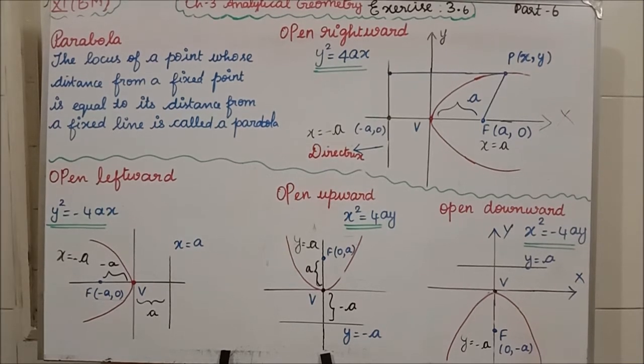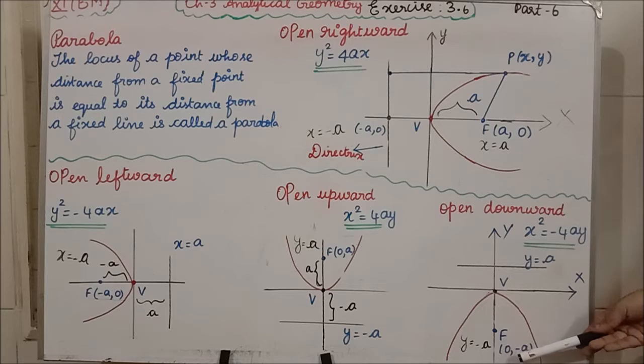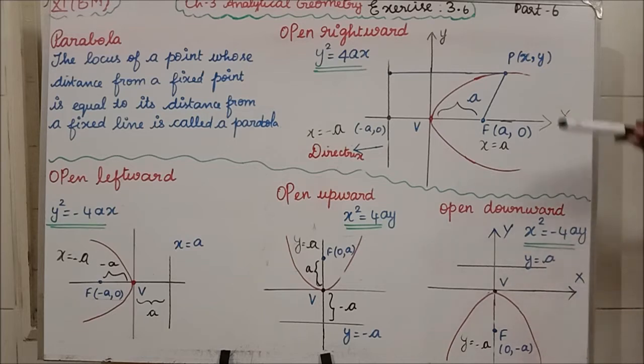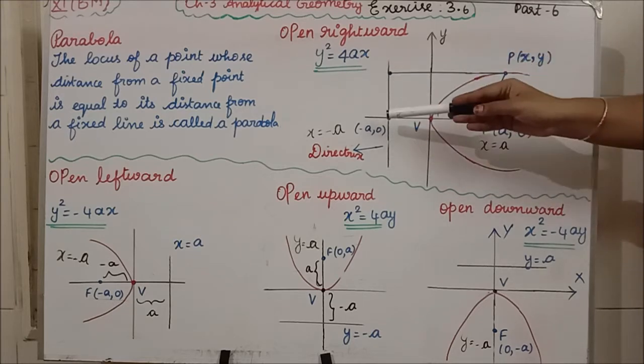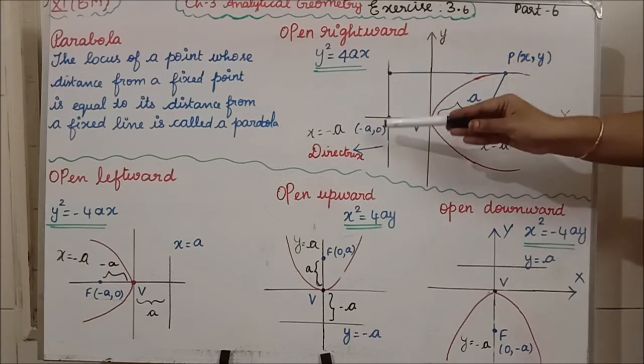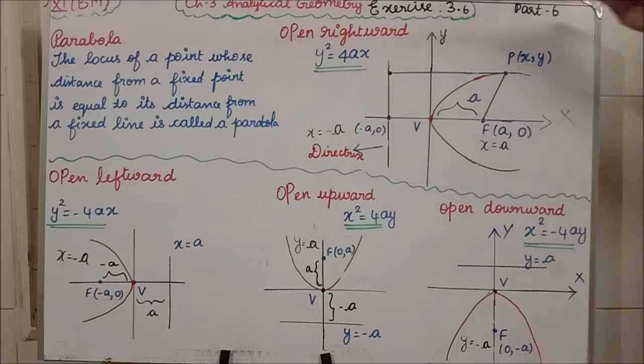See the last diagram: the fixed line y equal to a is the equation of the directrix. Here the focus is at y equal to minus a, so y equal to minus a is the equation of the latus rectum. If you see the open rightward diagram, x equal to minus a is the equation of the directrix. The same x equal to positive a is the equation of the latus rectum.